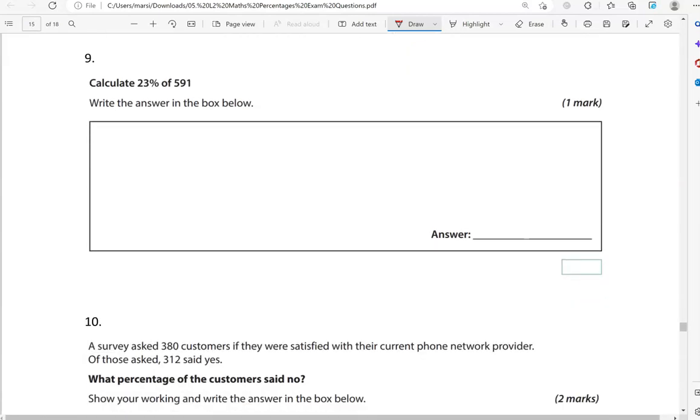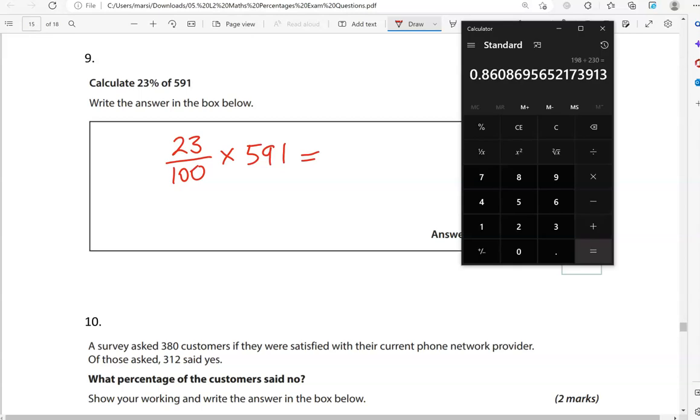Calculate 23% of 591. So again, 23%, that is 23 out of 100 of 591. Now, do you notice something? 23 out of 100, or 23 divided by 100, that gives you 0.23.